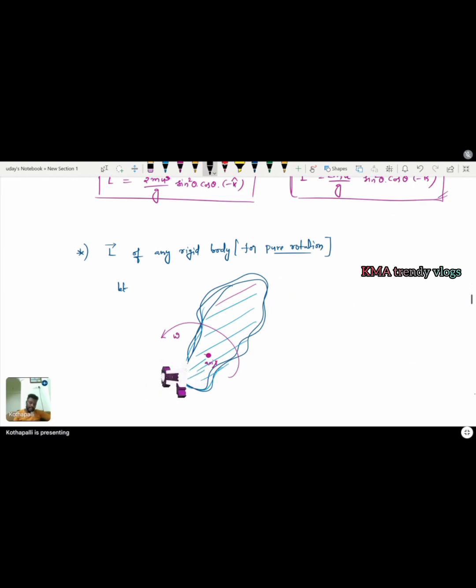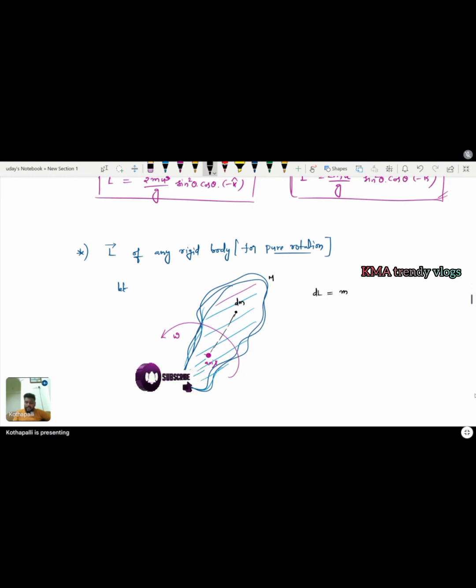Very simple logic I'll apply. I'll take any point mass somewhere here, dm, where the total mass is m. That dm's angular momentum I'll calculate and then I'll integrate the value from the starting to the ending limit. So for this point mass, angular momentum dL, what will it be?